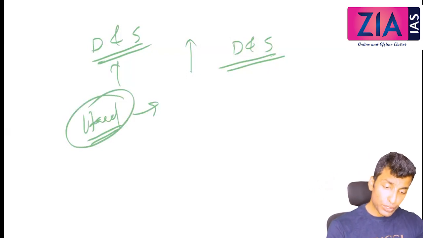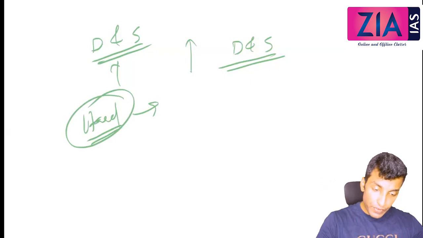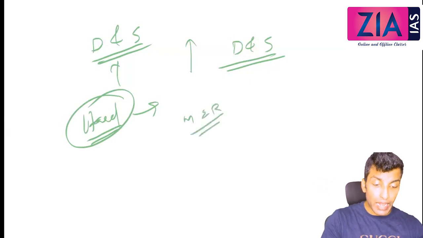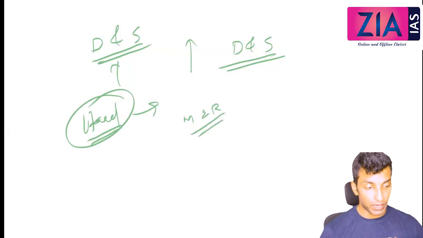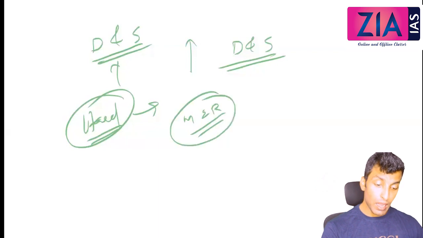Okay, so for actual transactions, what do we use? In case of actual transactions, we use market exchange rate, like if you need to pay for import or if you need to get payment in terms of export. But for comparison, which one is better?